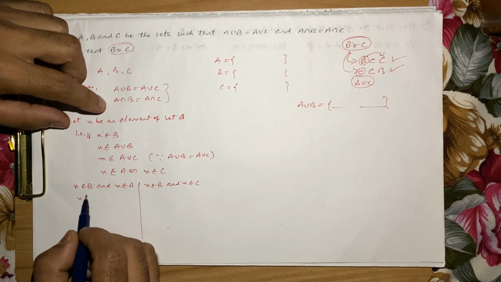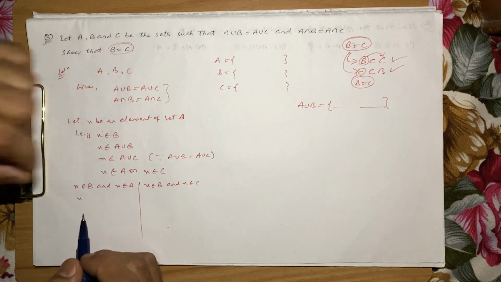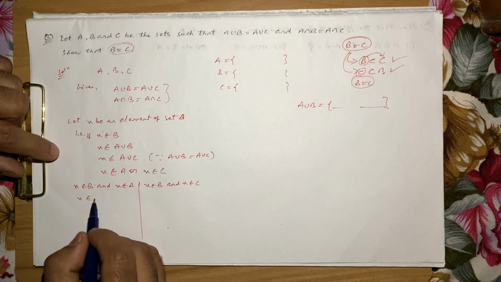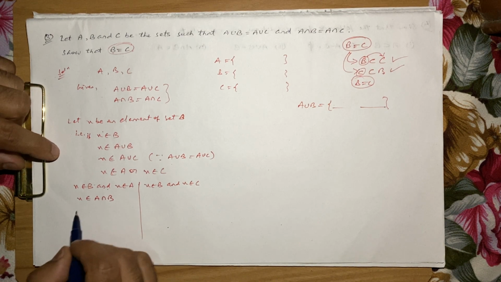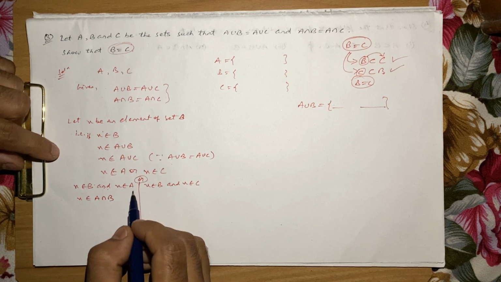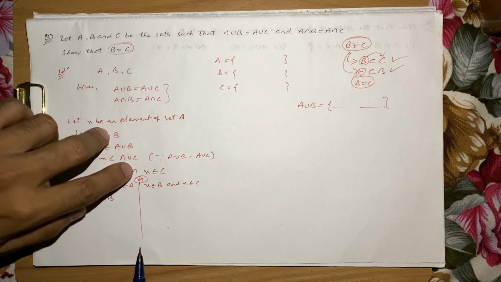That X belongs to both sets, A and B. So X belongs to A intersection B, because AND means intersection. In this way, you can think. This is the OR condition that I have done: I have combined B with A, then I have combined B with C, and there is an OR here.